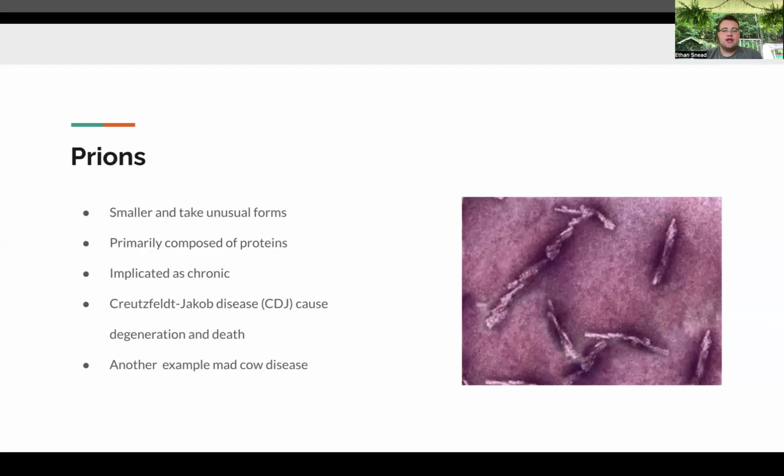Prions in animals include things such as mad cow disease, which was very prominent in the 80s and 90s. It was found that it infected the beef of these animals and degenerated their brains. When people unknowingly ate the beef from these animals, it would also infect the humans, which would cause degeneration of the brain and lead to death.